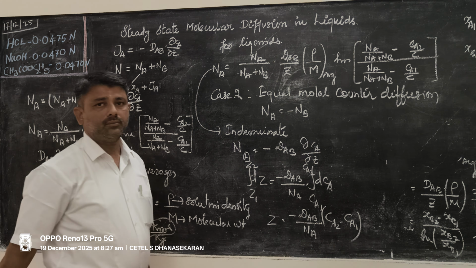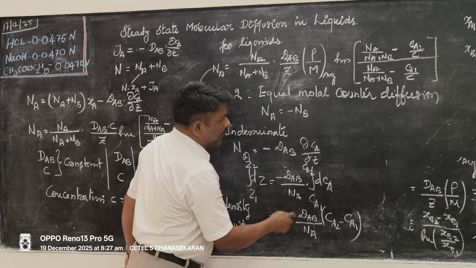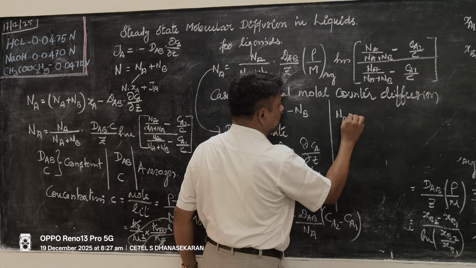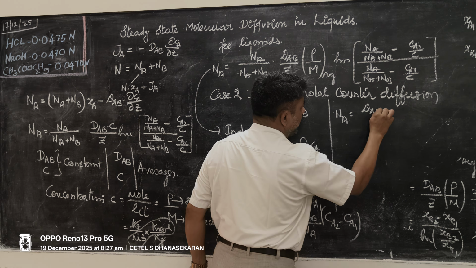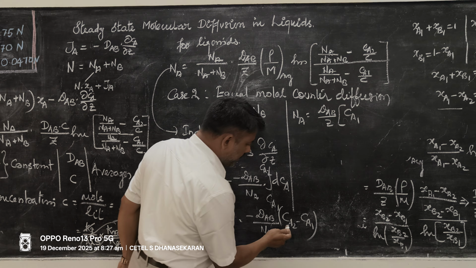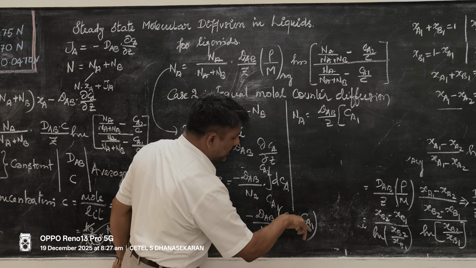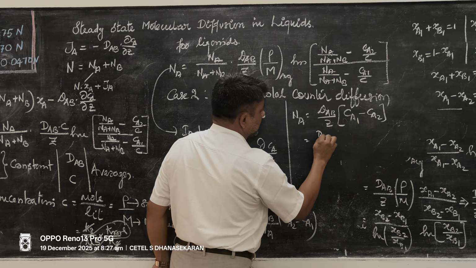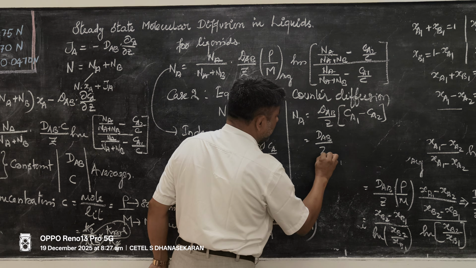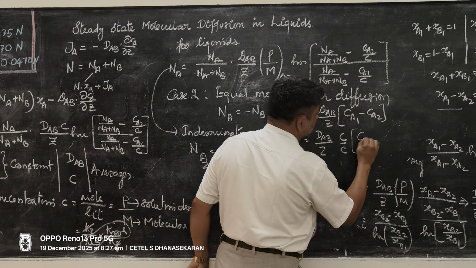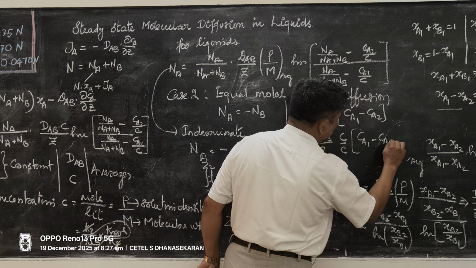Clear? The minus sign can be removed. Na is equal to dAb divided by Z into Ca1 minus Ca2. Instead of Ca2 minus Ca1, I am going to write Ca1 minus Ca2. Clear? Next, dAb divided by Z into C divided by C into Ca1 minus Ca2.